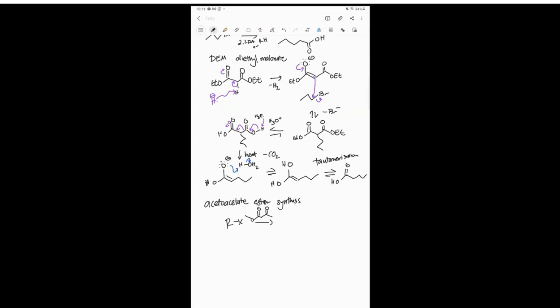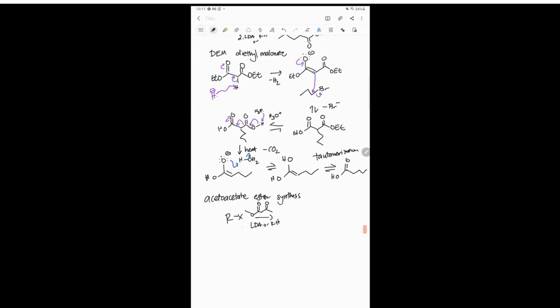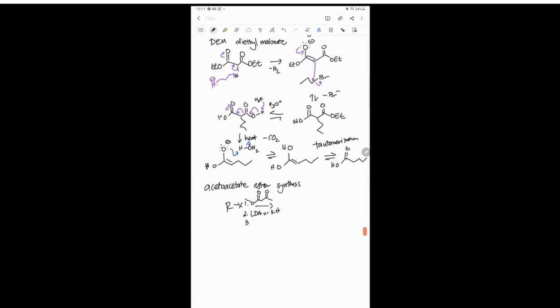So with this one, same thing. Technically, this will be our second step. Our third step, we're going to want probably an acid wash here.